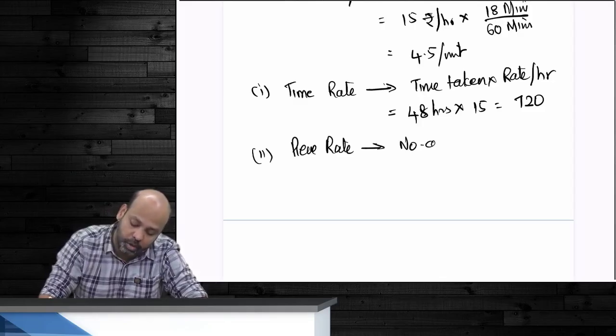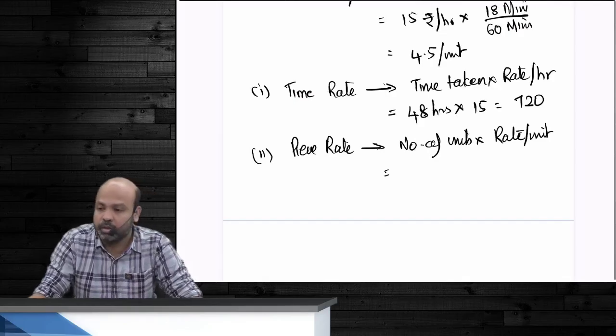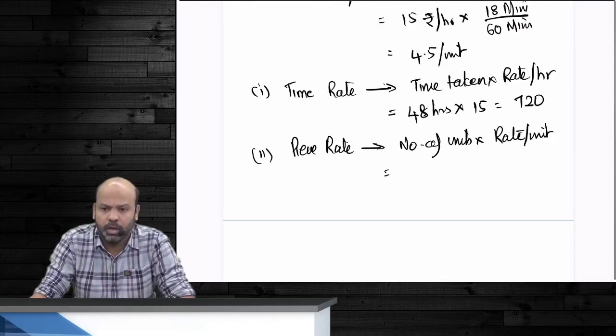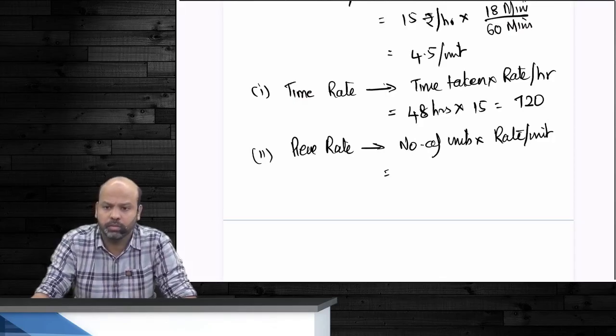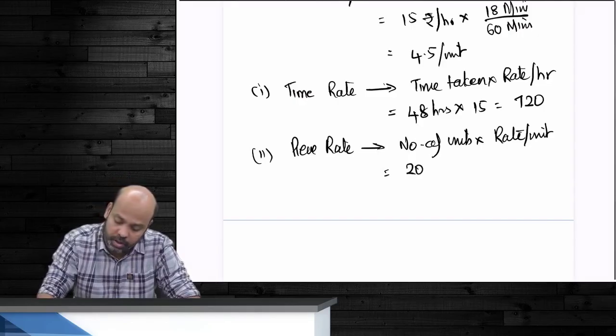It will be number of units multiplied by rate per unit. Number of units, guys, are 200 multiplied by 4.5.